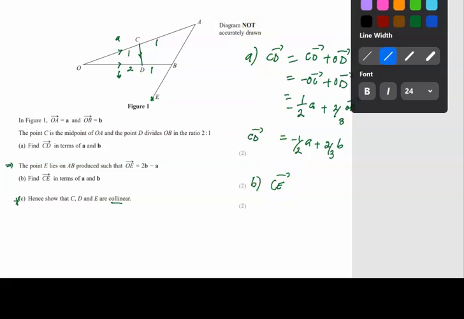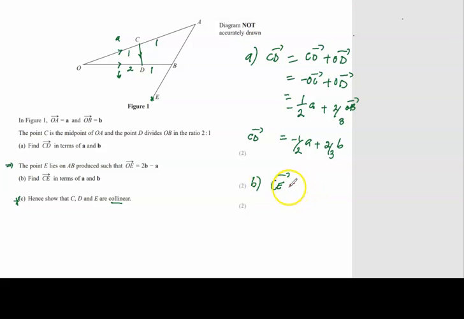I'll change the color here. C to E, we can try to draw a line here which comes from C to E. The point is somewhere over here. All right, C to E. If we want to find C to E, we can move from C to O and then O to E. C to O is the negative of OC, plus OE.